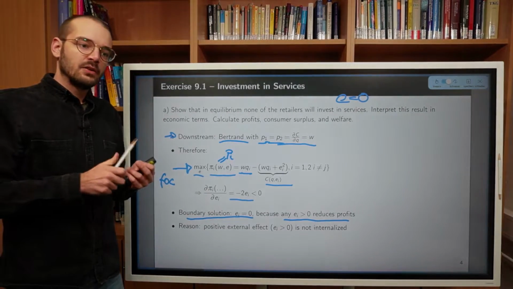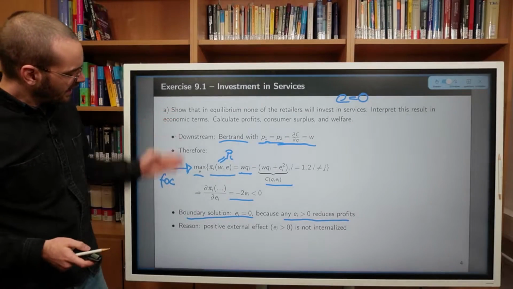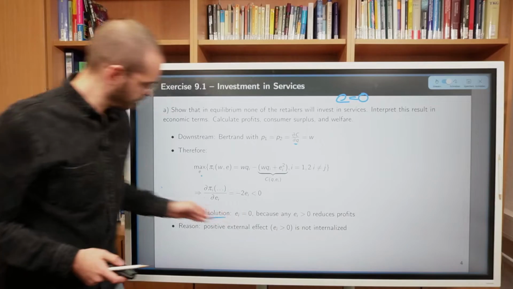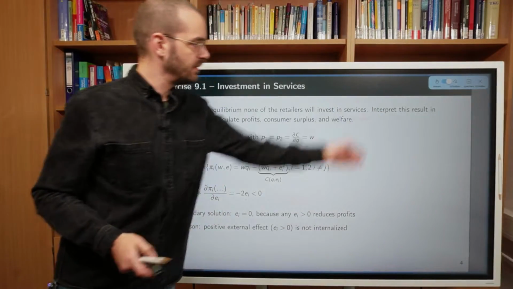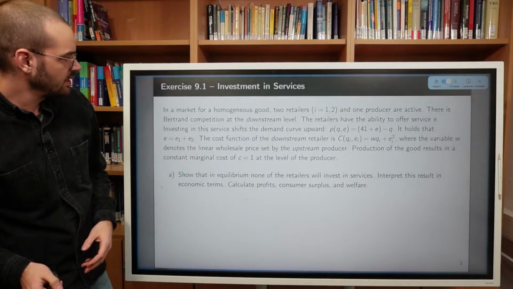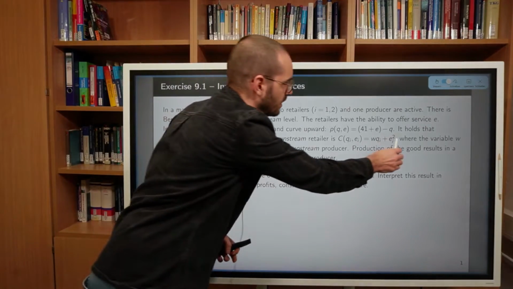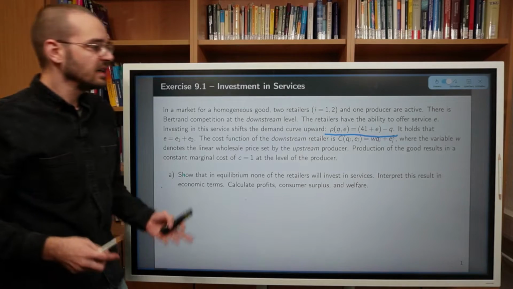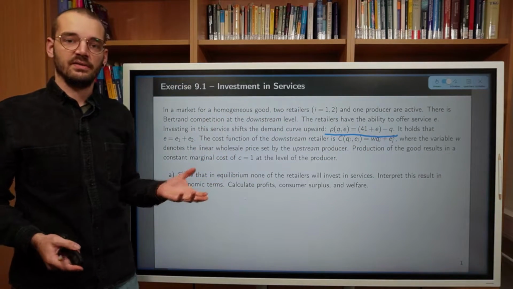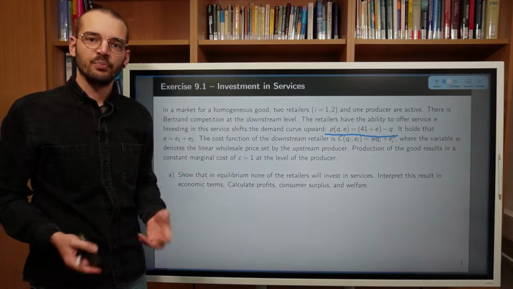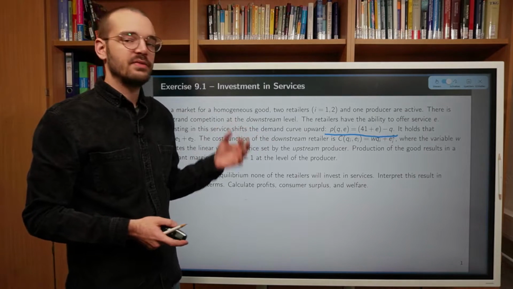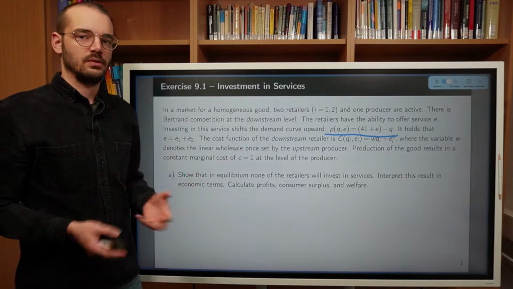Well, consider the shift of the demand function, which was defined in the exercise up here, P as a function of Q and E. For this shift in the demand function, it does not matter if it's E1 or E2. Both of these investments into services shift the demand function in the same way upwards.